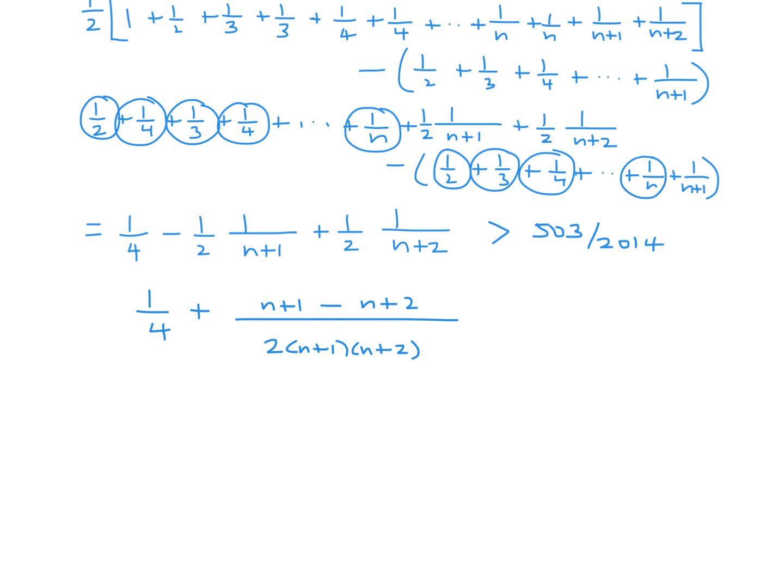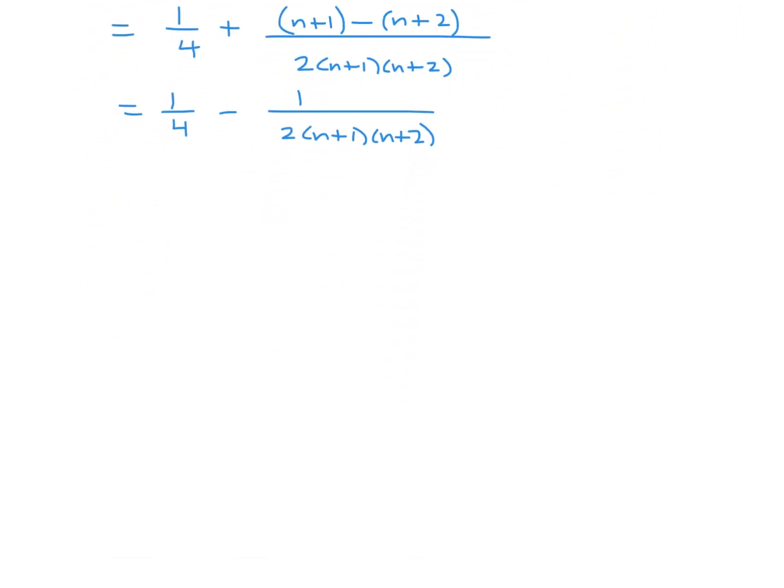Yeah, put that in brackets there. Okay, so that looks like a quarter plus the n's cancel minus 1. Okay, so that basically means this is minus 2n plus 1 times n plus 2. And I guess we have to just keep going here. That's greater than 503 over 214.